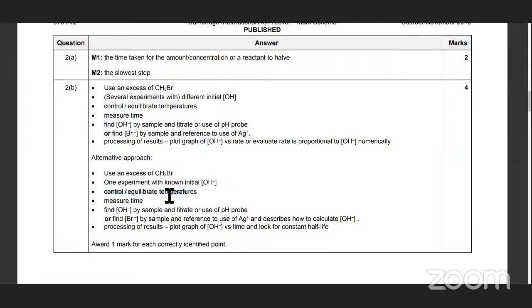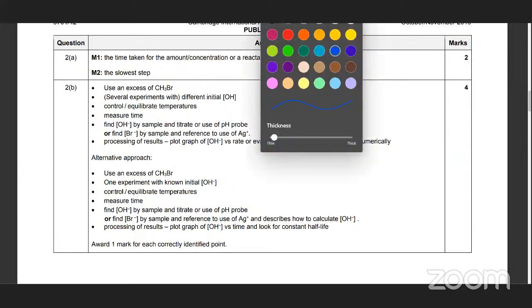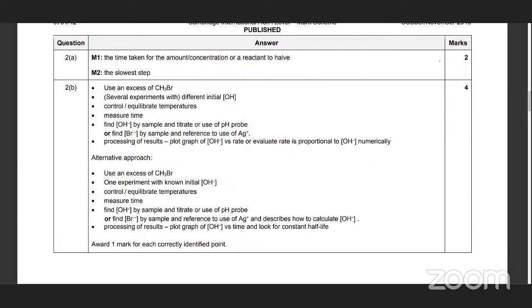Mention the control variables. And so what's this other method? What you're going to do is plot several graphs. Another way that he's doing is trying to figure out the Br minus concentration by adding Ag plus.